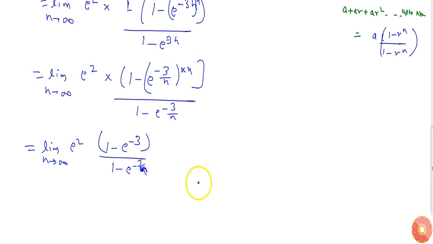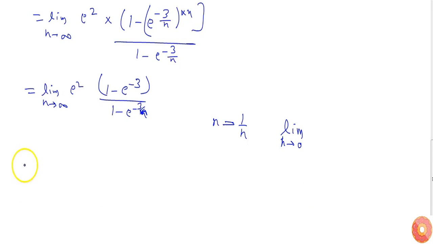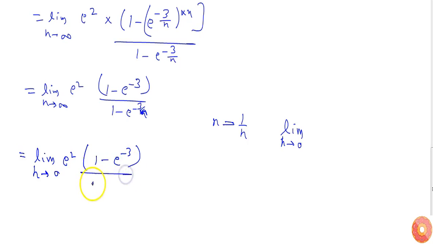If I change the limit n equals 1 by h, then the limit will be h tends to 0, since if h is 0, n is infinity.